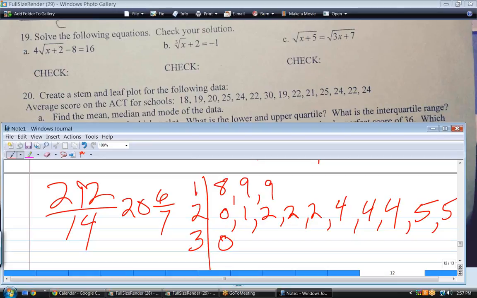They don't tell you how they want it rounded off. Actually, the way I wrote it there is the most accurate: 20 and 6 sevenths. In other words, that's a rational number. A rational number is where I can write it as a fraction, and it's perfectly exact.